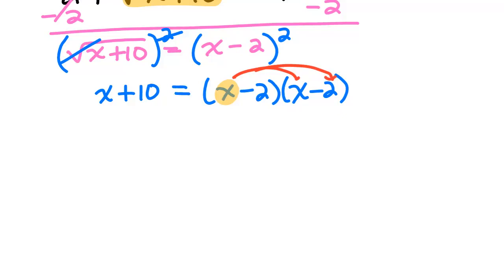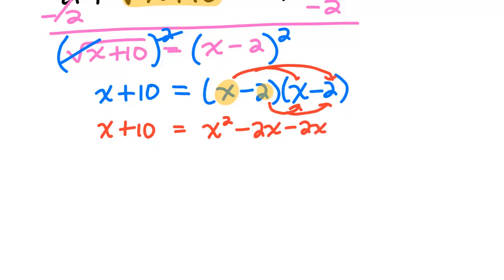So I am going to copy the x plus 10 down. x plus 10 equals, what's x times x? x squared. And x times negative 2? Negative 2x. And then I do the same thing now with the negative 2. I have to distribute negative 2 times x, which is what? Negative 2x.